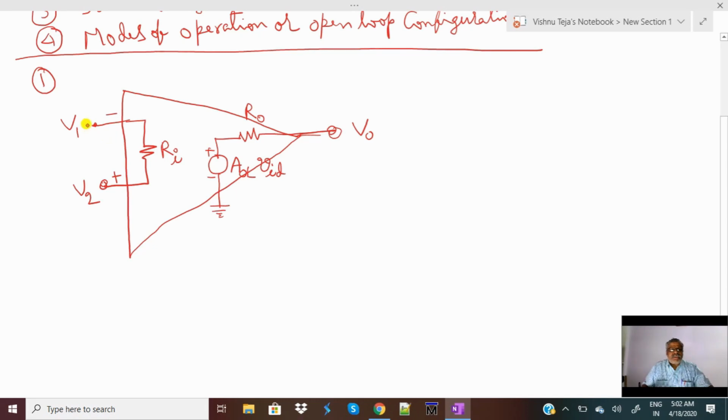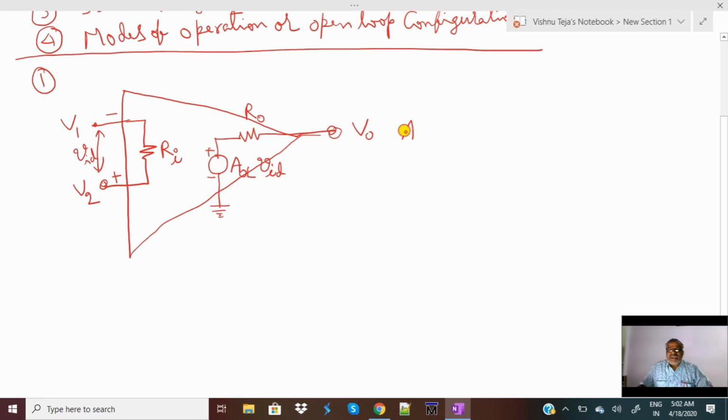So, the equivalent circuit of the operational amplifier is represented with one resistance Ri between the 2 input terminals, which is called the input impedance of the operational amplifier, and with Thevenin's equivalent model between the output terminal and ground. Here the Thevenin's voltage source is represented with AOL times VID, where VID is the differential input between the 2 input terminals, and AOL is the open loop voltage gain of the operational amplifier.